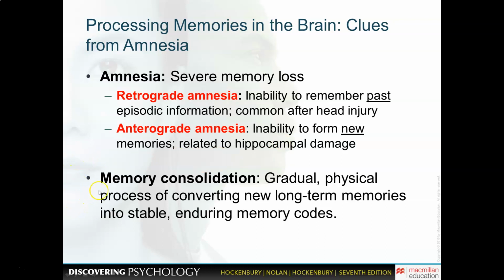Okay, and then there's this term right here, memory consolidation. Now, basically, all that refers to is gradually consolidating, converting new long-term memories into stable, enduring memory codes. Okay, I'm not going to go any further with that. It's just something that's important to memorize.